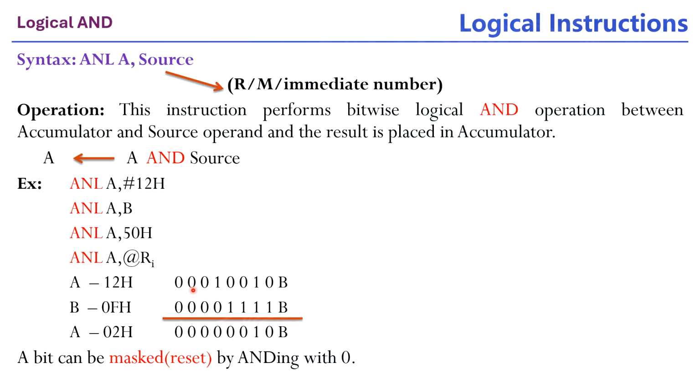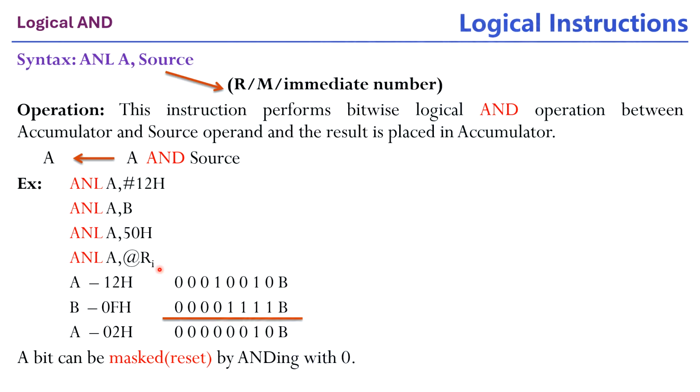We can take a small example here: ANL A, 12H; ANL A, B; ANL A, 50H; ANL A, @R1.